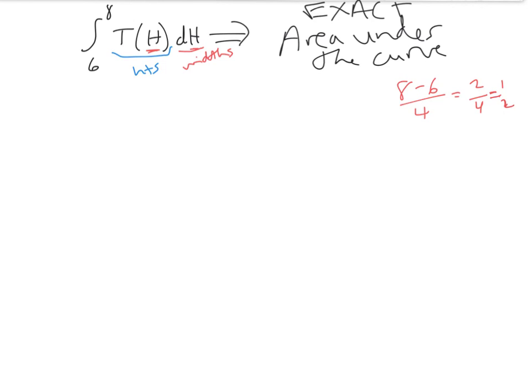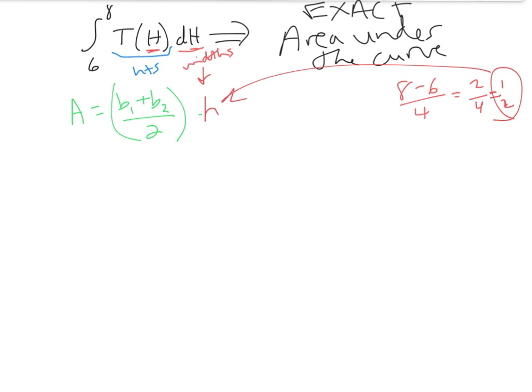So what I'm going to do is just give you a quick setup. I'm going to put the formula right back up here. So area of a trapezoid is base 1 plus base 2 divided by 2, and then times my height, which is my width, and that's what we were getting at over here. So what's that going to look like when it's all said and done?